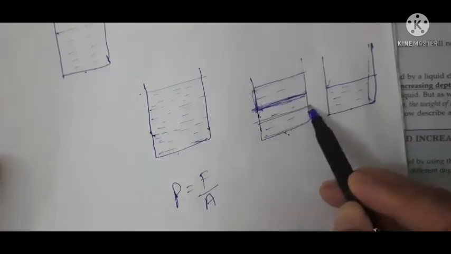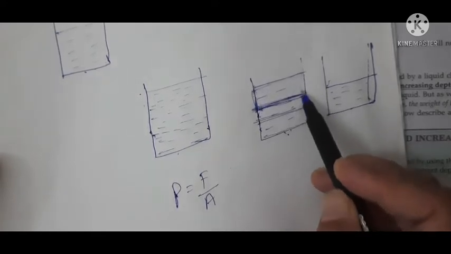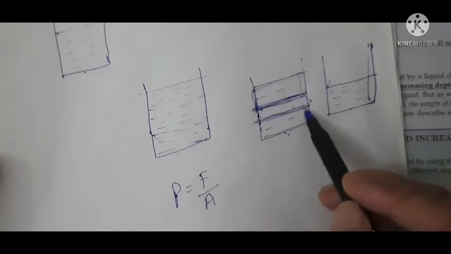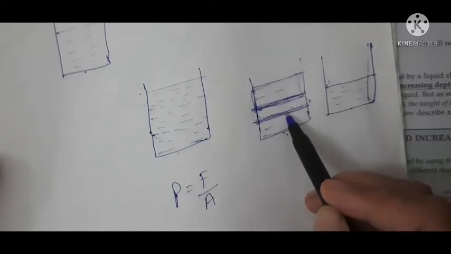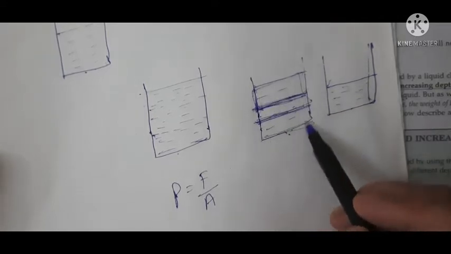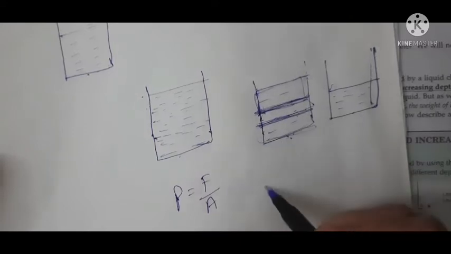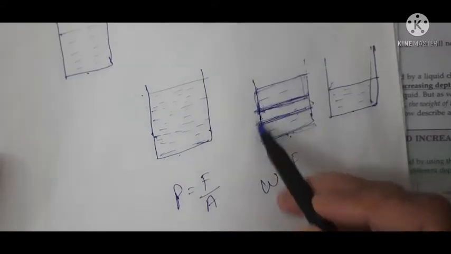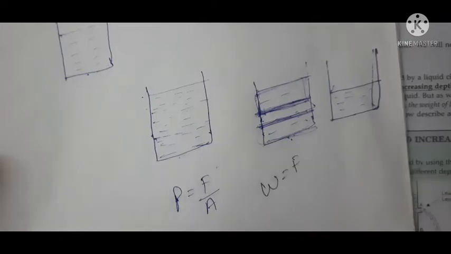Here the pressure will be more, because now the weight of the water column has increased. And what is weight? Weight is force, so pressure will be more. Here again this much weight is exerted, or you can say the weight is equal to force, so the force is increased, pressure will increase.